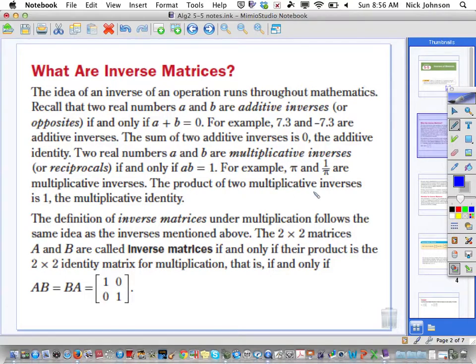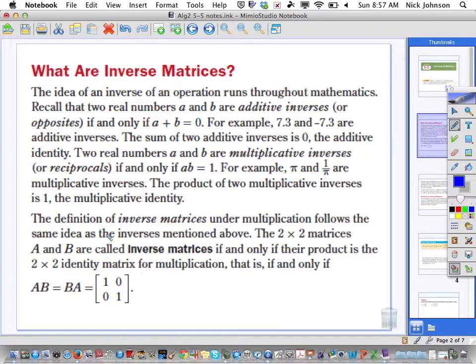The product of two multiplicative inverses is 1, and that's what happens in matrices. If you take the inverse matrix times the original matrix, you are going to get out the identity matrix, which is similar to regular math where it equals 1.